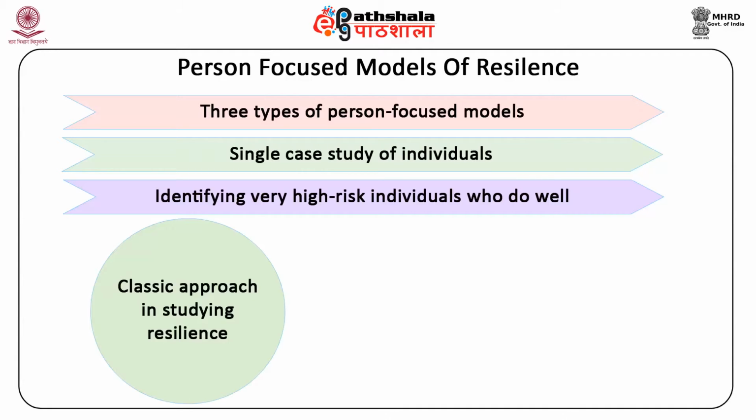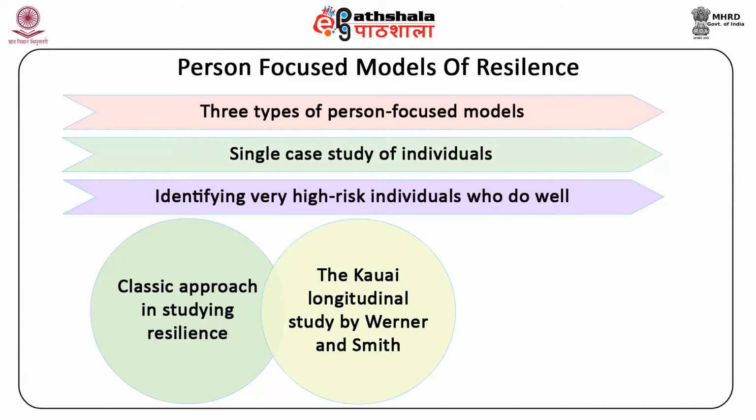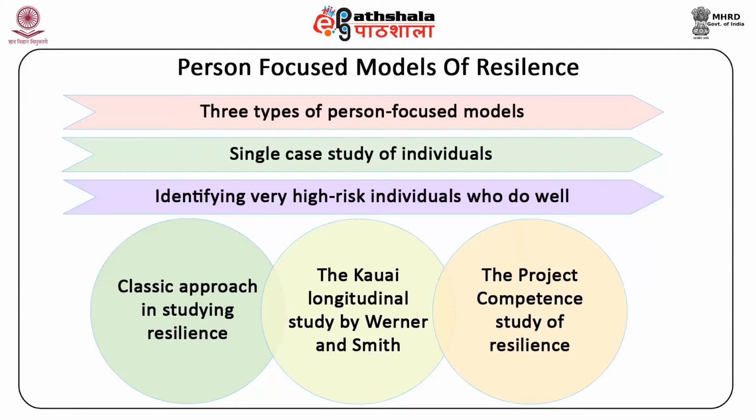This is a classic approach in studying resilience, influenced by the most important longitudinal study of resilience, the quasi-longitudinal study by Werner and Smith. Full diagnostic models of resilience classify children on the two major aspects of individual lives: good outcomes and adversity or risk.